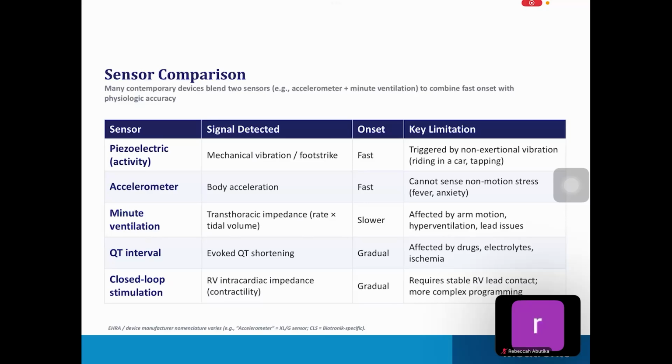It will pace at 100 or 110 for 1 or 2 minutes to protect the patient from vasovagal syncope.